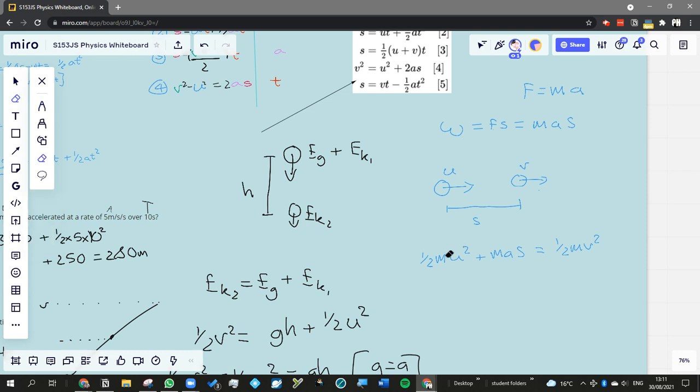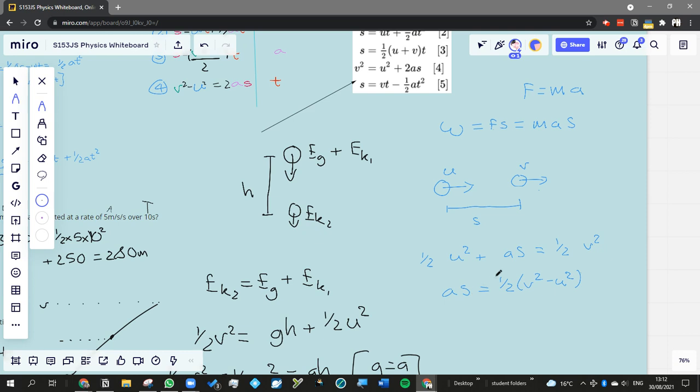What we do is we cancel out the m's. We rearrange it. I'm going to do the other way around. I'm going to say as is equal to half multiplied by v squared minus u squared.